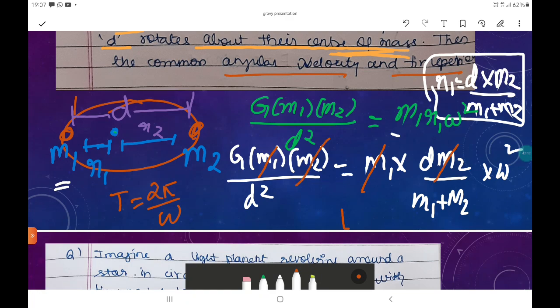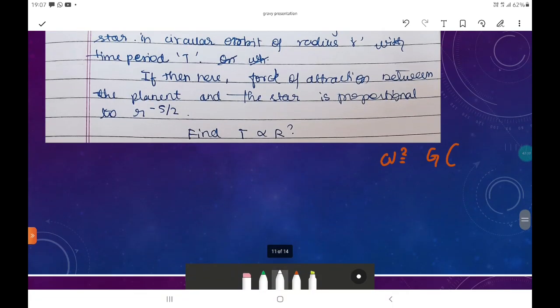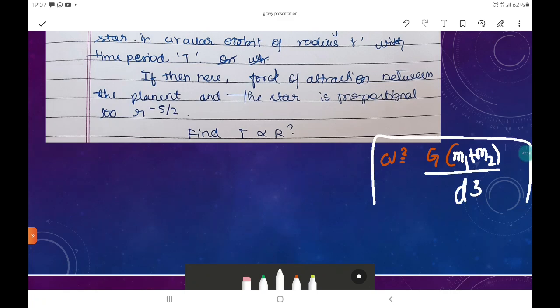So m1 plus m2 will come up this side, and this d will get multiplied with this one to get d cube. So you will get G into m1 plus m2 upon d cube. So this will be your angular velocity: under root of this. You can remove the square over here and put this thing under root. So this is your angular velocity.